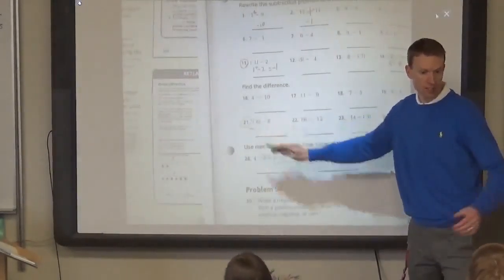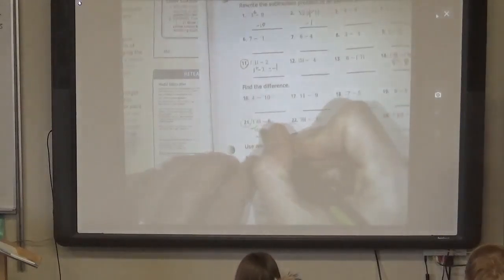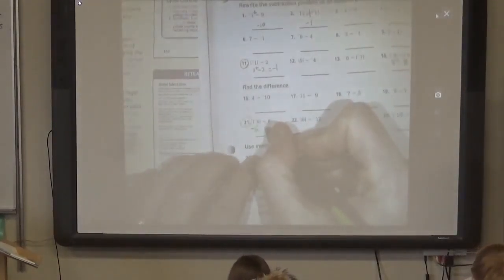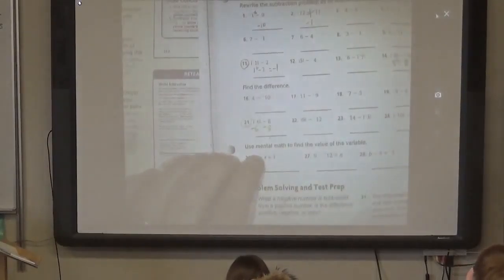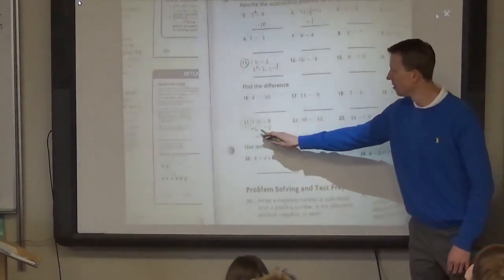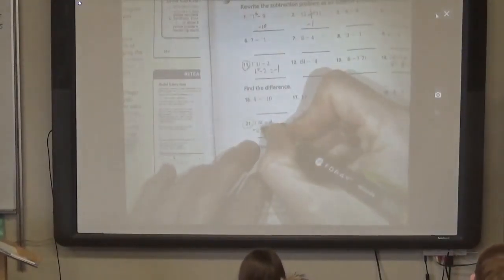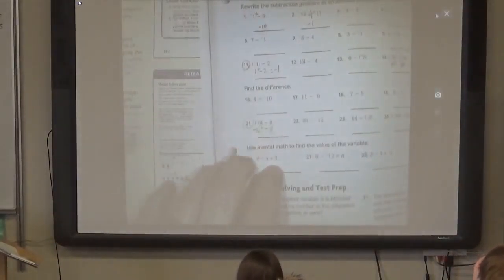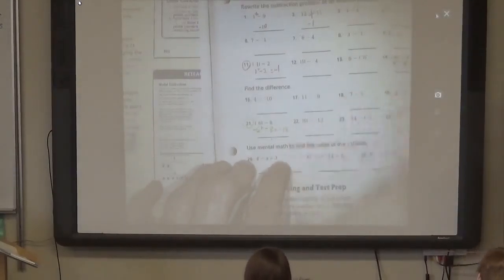It'd be 6. So we write 6, and then keep this minus sign, and write the 8. And what do you put in between there? A plus sign. So it's negative 6 plus negative 8 equals negative 14.